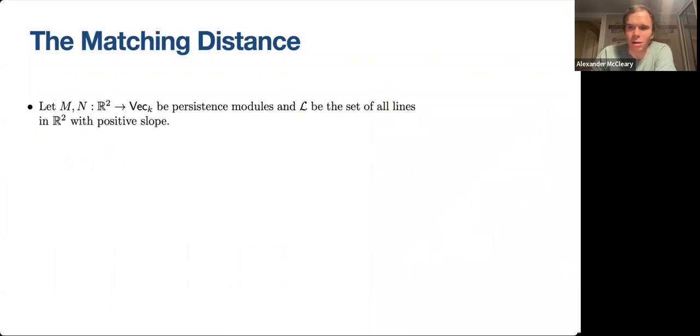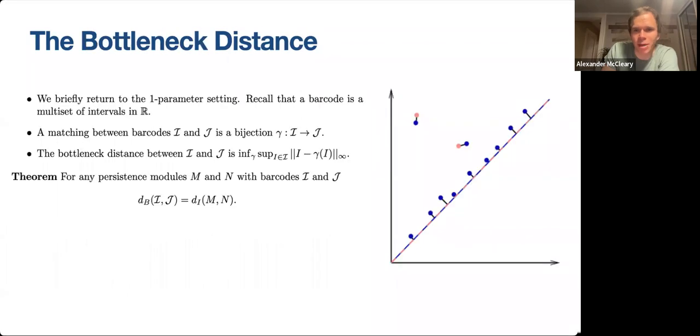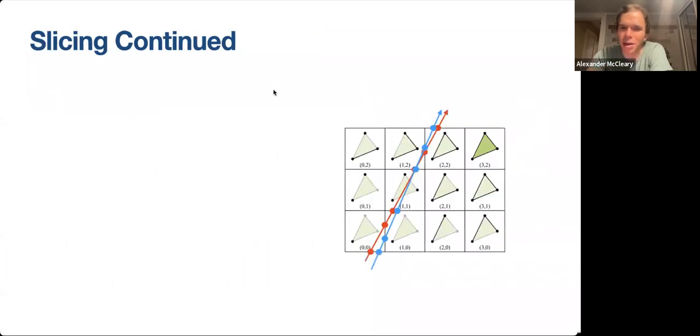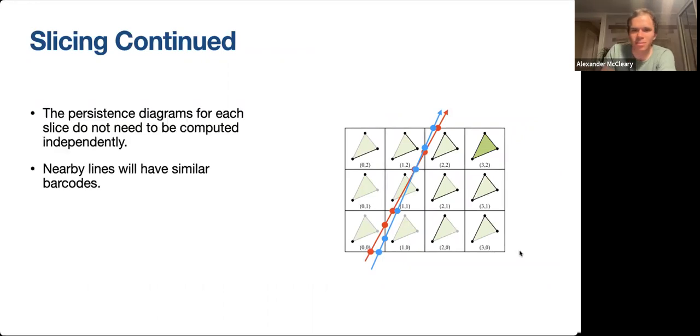Okay, so the analog of the bottleneck distance we're going to look at is something called the matching distance. Here we're going to just focus on two parameter filtrations, two parameter persistence modules. We're going to let this curly L be the set of all lines in R2 with positive slope. It's important that we work with lines with positive slope, because if we work with lines with negative slope, we're actually not going to get a filtration at all. I'd encourage you to take a look at this picture right here and look at a line with negative slope and see how we get something that's not a filtration.